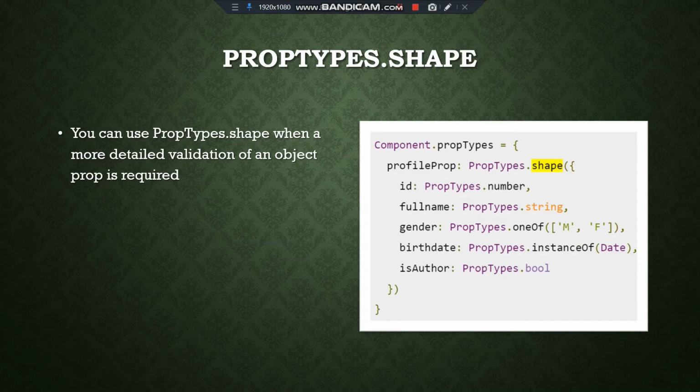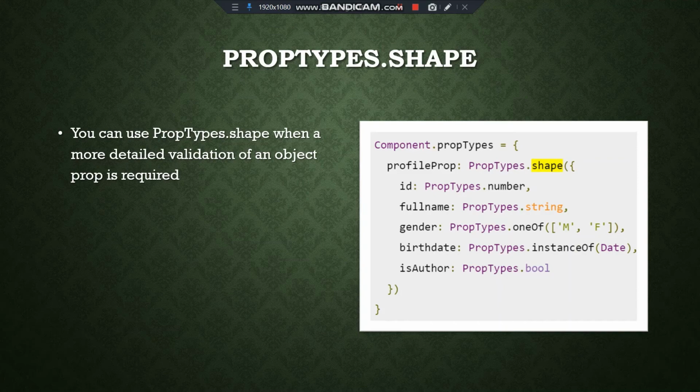So let's talk about PropTypes.shape. You can use PropTypes.shape when a more detailed validation of an object prop is required. It ensures that the prop is an object that contains a set of specified keys with values of the specified type.